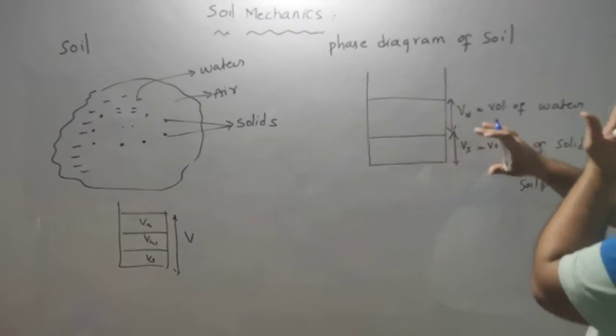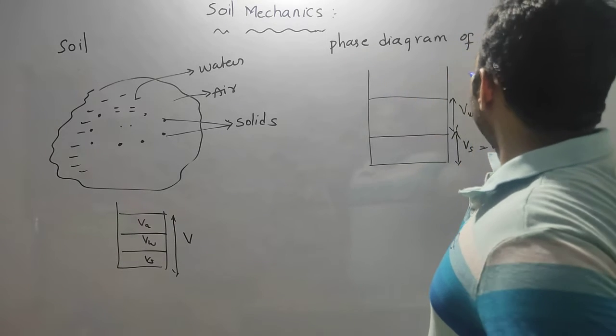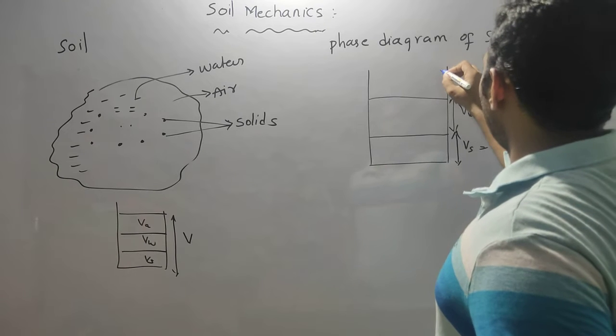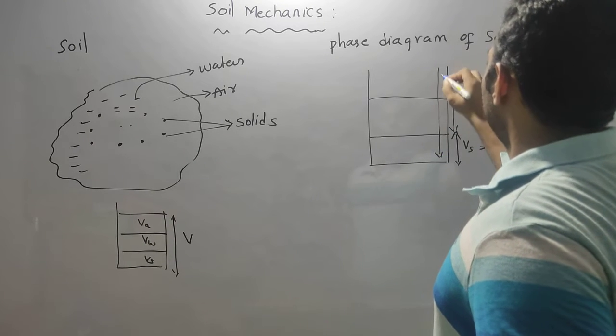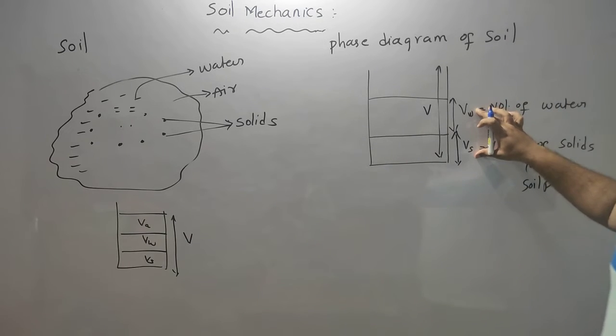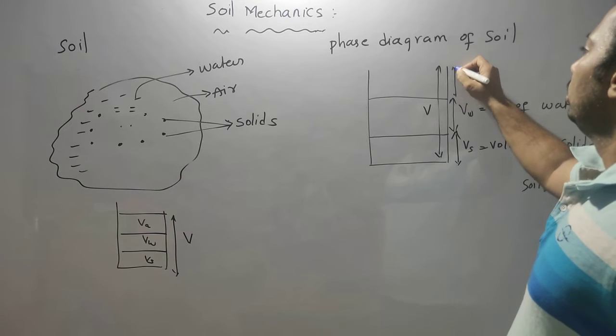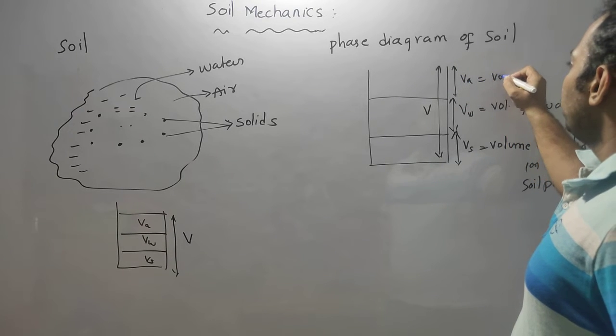So if this is the total volume of soil, and you exclude solids and water, whatever volume is left is nothing but the volume of air. This is the volume of air.